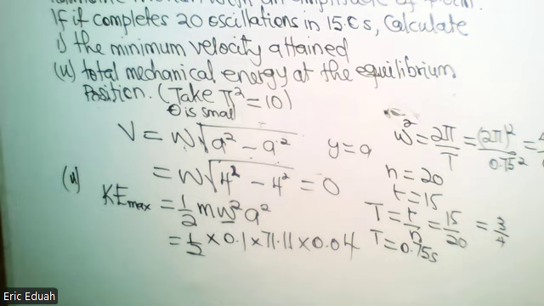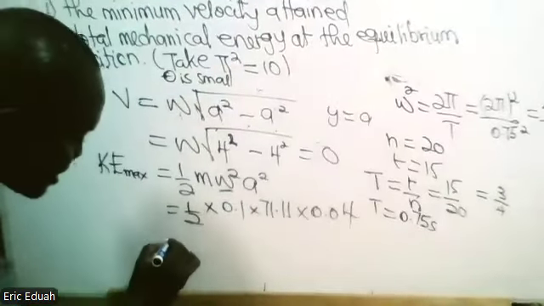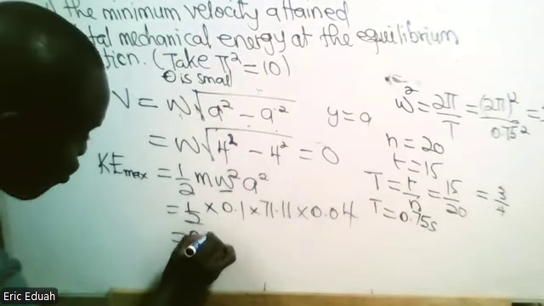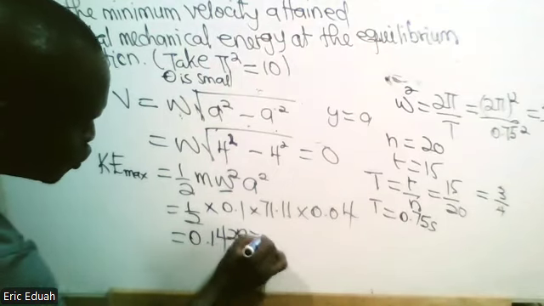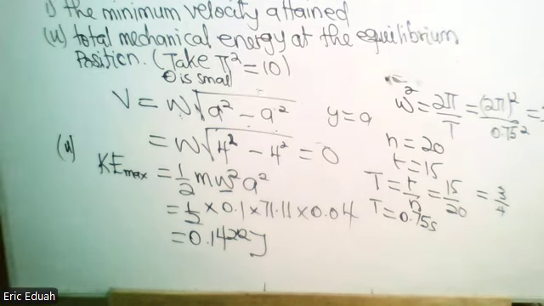So this times 0.04 times 0.1, divided by 2. So you have 0.1422. The kinetic energy, therefore, is 0.1422 joule as the total mechanical energy.